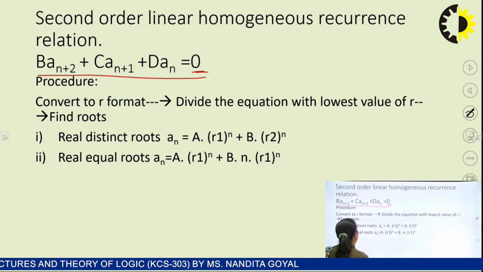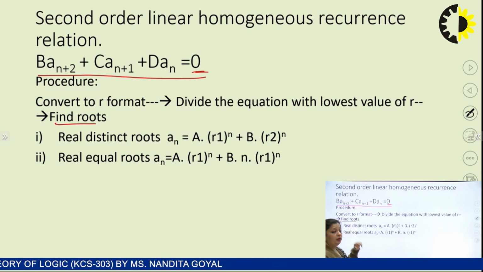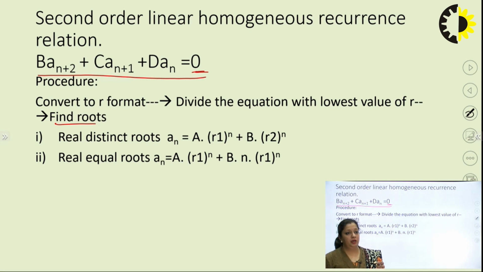Since we will get a quadratic equation, the roots can be real and distinct, that is, their values can differ from each other. Or in the second case, both the roots are real and equal. In both these cases, my standard solution will change.